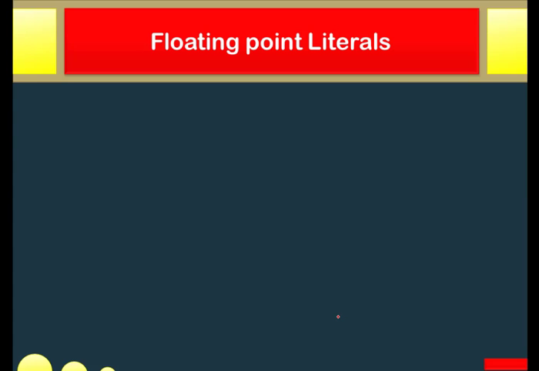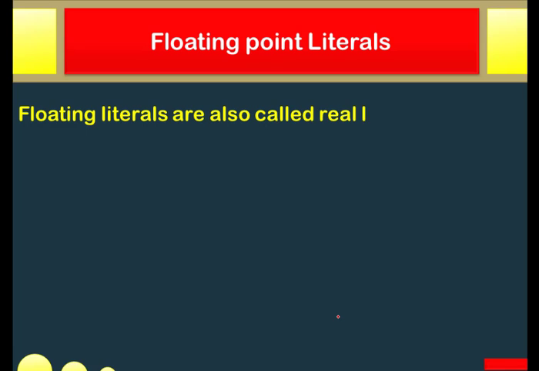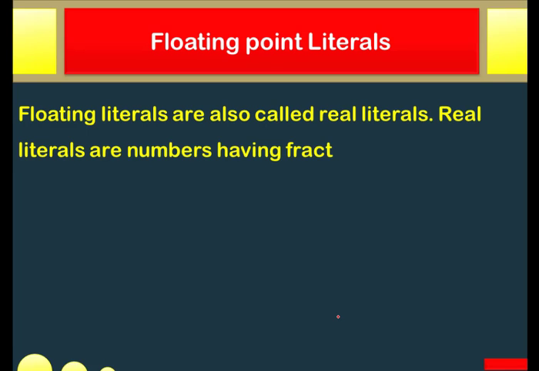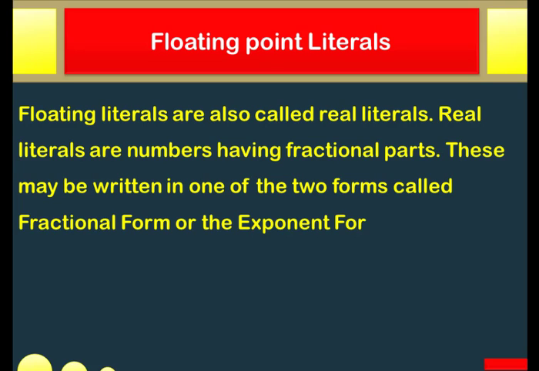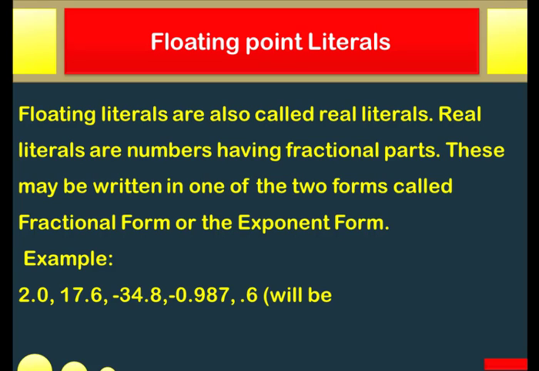So integer literals. Now we are going to learn about floating point literals, another type of numeric literals. Floating literals are also called real literals. Real literals are numbers having a fractional part. These may be written in one of two forms, called fractional form or exponent form.